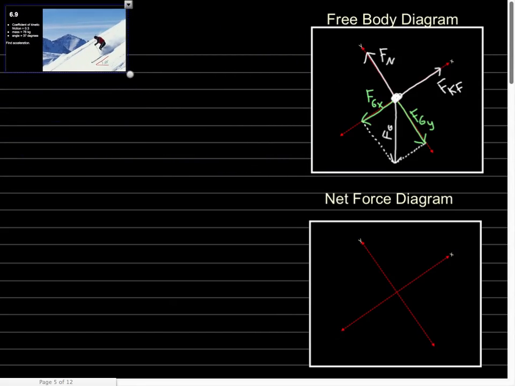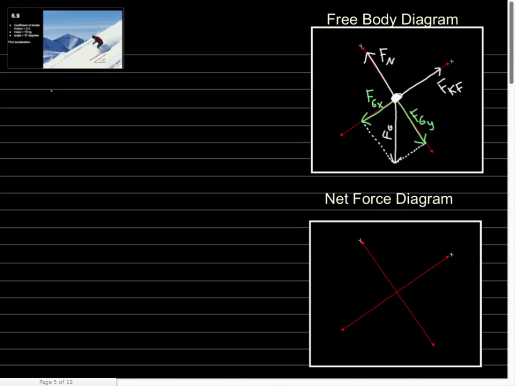Let's take a look at this problem. We're going to do a sum of forces in the x direction. In this problem, green is going to represent known forces, and red will represent unknown forces.